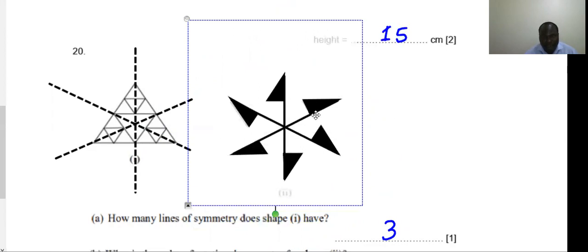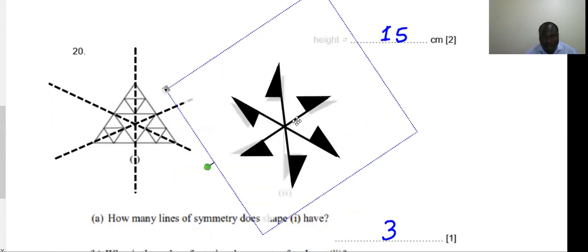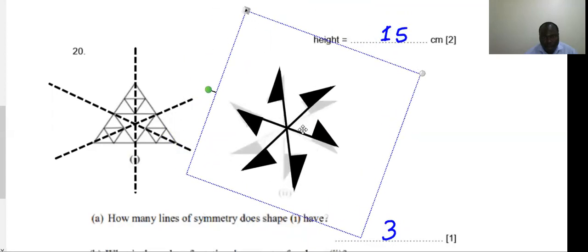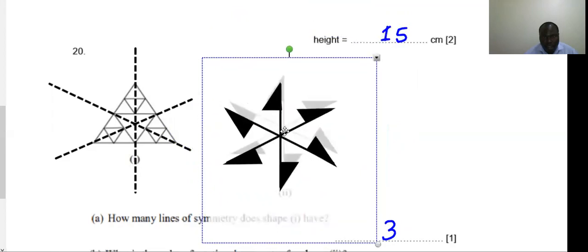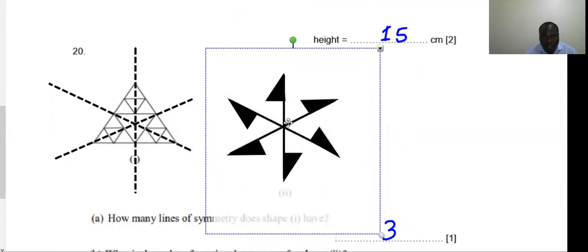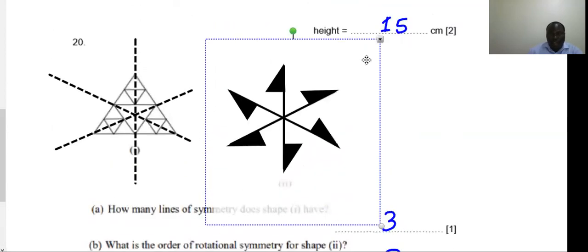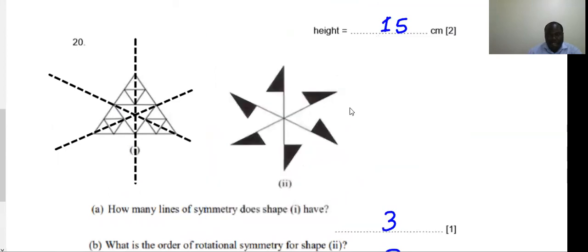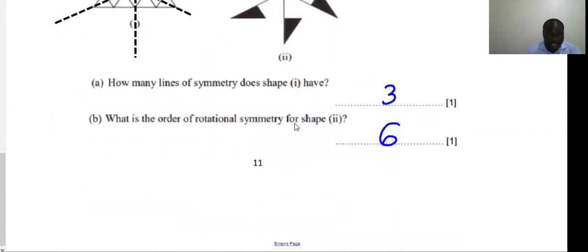So 1, 2, 3, 4, 5, then go back there. That will become 6. All right, so that will become 6, and I take out the tracing paper, but I guess this diagram lost measurement, I mean, something like its scale.